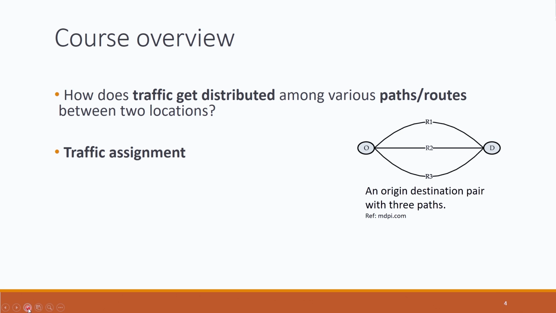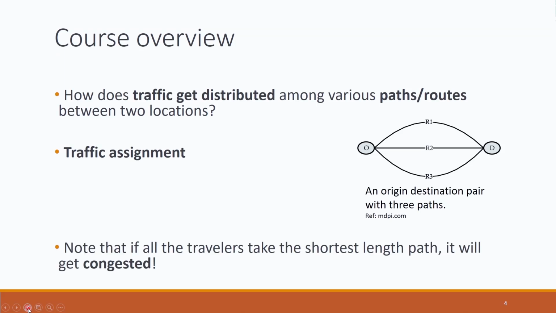However, there can be an issue with that. If everyone decides to take the path that has the shortest length, it might get congested and it might no longer be the path that offers the shortest travel time, and therefore this problem cannot be just solved using these trivial or naive solutions. To understand this problem further, let us consider an example here.